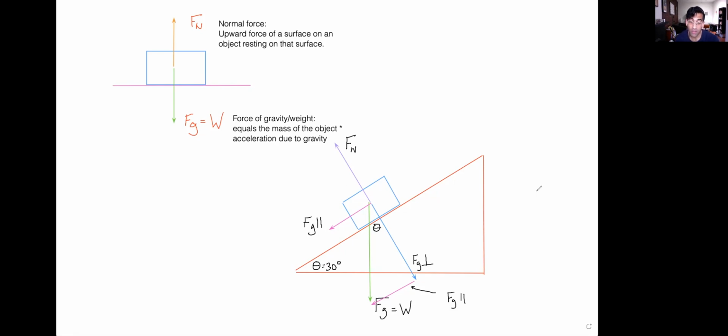Well, it's important because we can actually start to get a little bit more detailed about what the perpendicular component of the force of gravity and the parallel component of the force of gravity are actually equal to. And I can use trig in order to figure that out. So as I can see, I have the side opposite my theta as my pink vector.